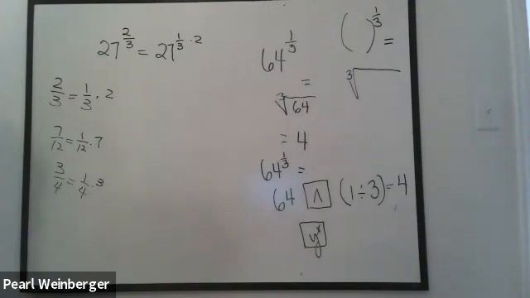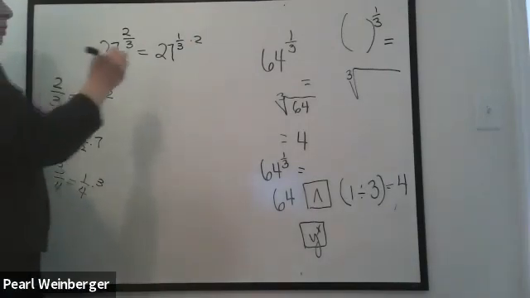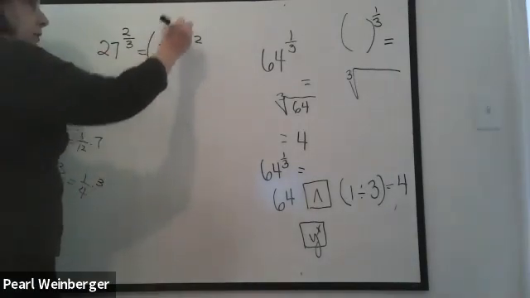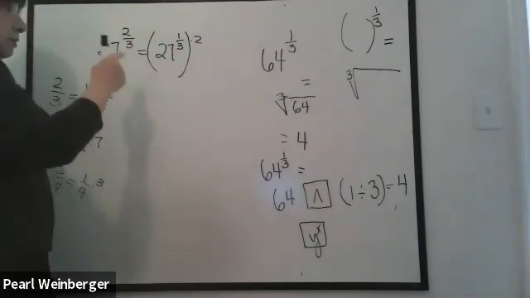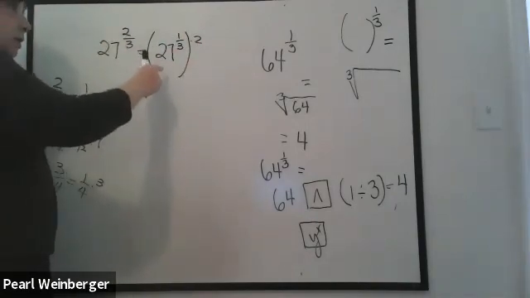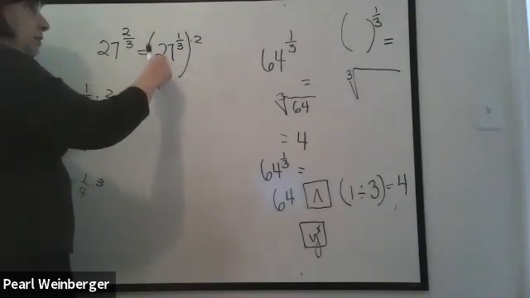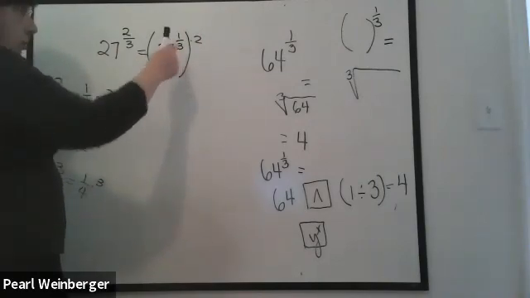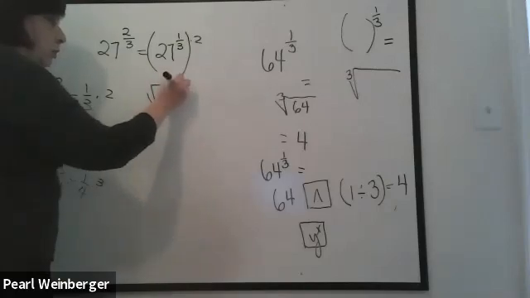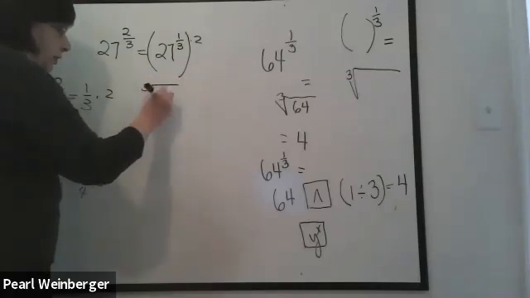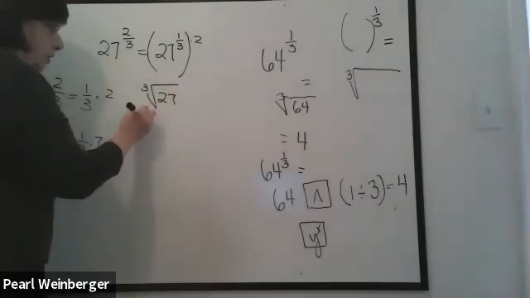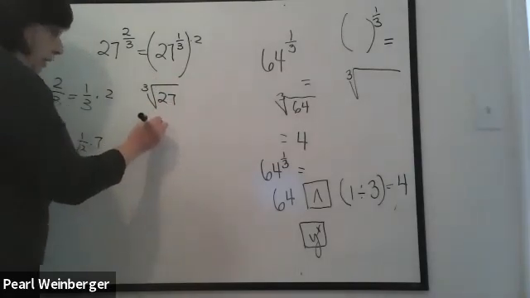It's 1/3 times 2. Now, I can put this in parentheses. What does that mean? It means that I really have to do 27 to the 1/3, which means do the cube root of 27, which happens to be the number 3.